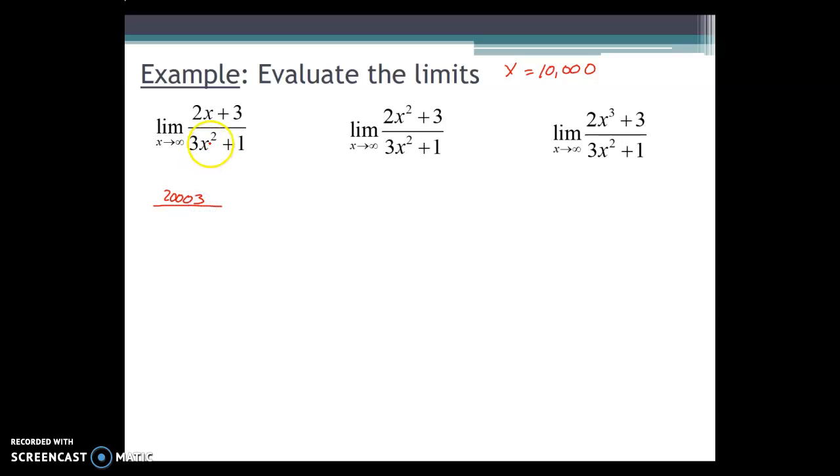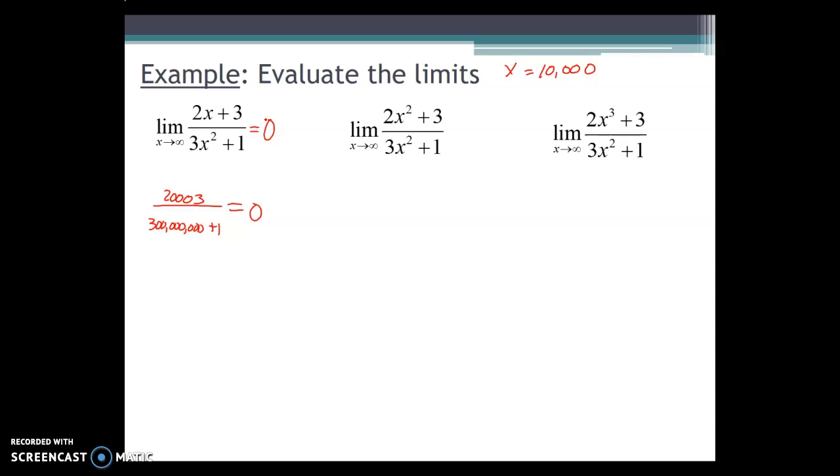If you now square 10,000 and multiply it by 3, you get 300 million, plus 1. Now take a quick second and evaluate 20,000 divided by 300 million. It's not exactly 0, but it's going to get awfully close to 0 pretty quickly.